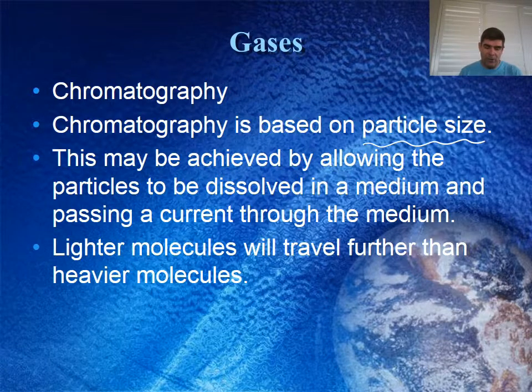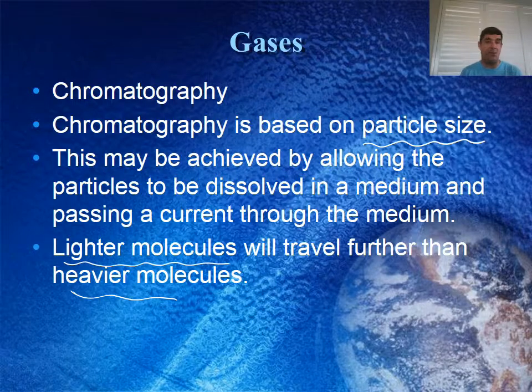What we do with our chromatography is we allow the particles to, generally speaking, be dissolved in some sort of a medium that is going to allow them to move through that medium. We do that by passing an electric current through the medium, and then the lighter molecules tend to be able to travel further than the heavier molecules.